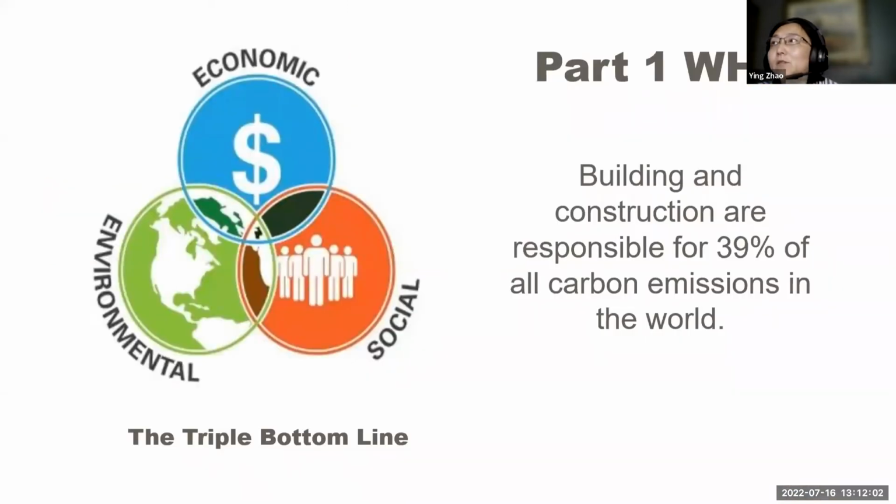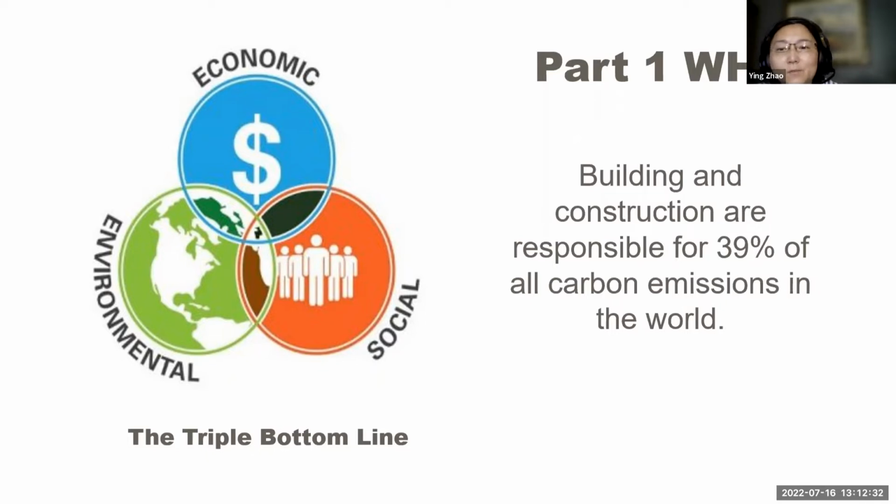The next slide. So why do we do energy efficient design? Based on the data from the World Green Building Council, building and construction are responsible for about 39% of all carbon emissions in the world. So that's a huge percentage.